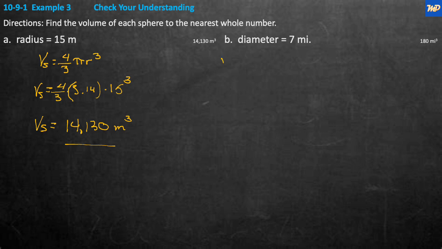The next one, problem B, says that our diameter now is 7 miles. So what do we have? The volume of this sphere is equal to the formula, 4/3 pi r cubed.